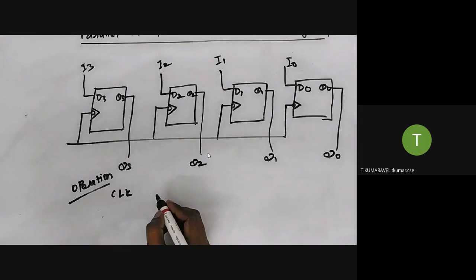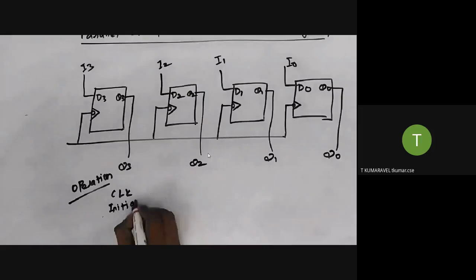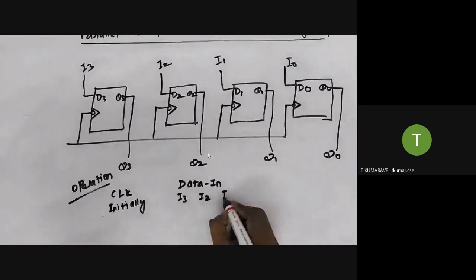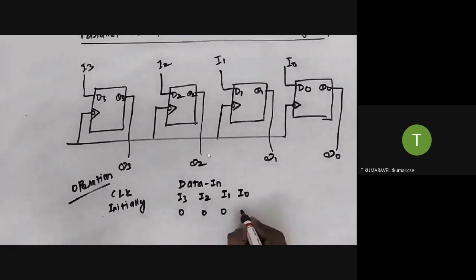Initially, in the input block you are going to put parallel inputs I2, I1, I0. Initially, what happened? 0. So initially, you are not providing any data.